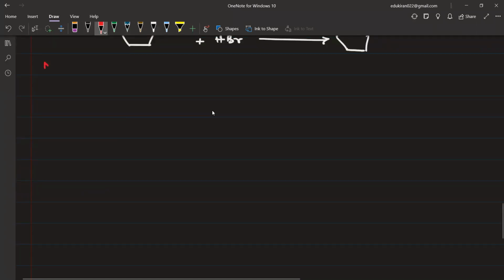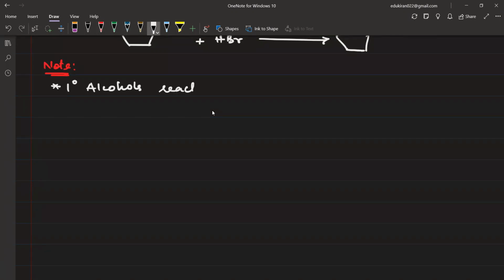Note. First point. 1 degree alcohols react with HX via SN2.